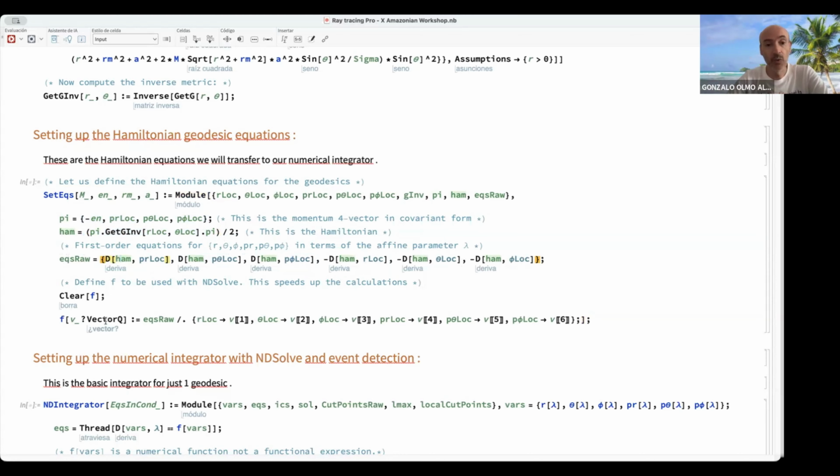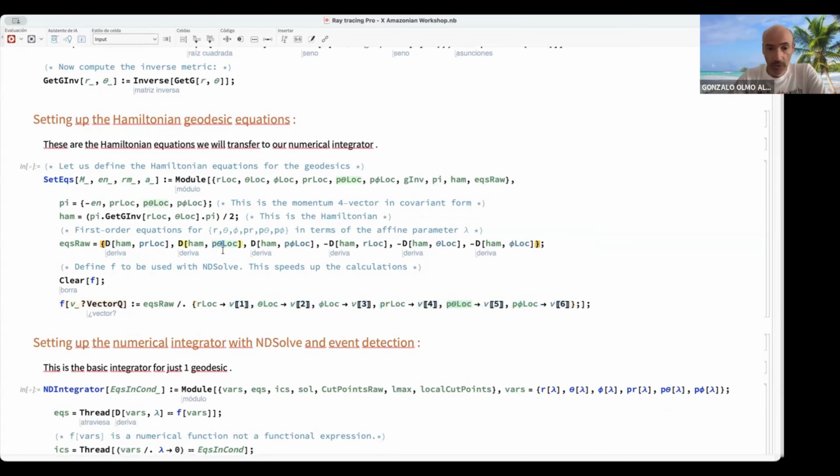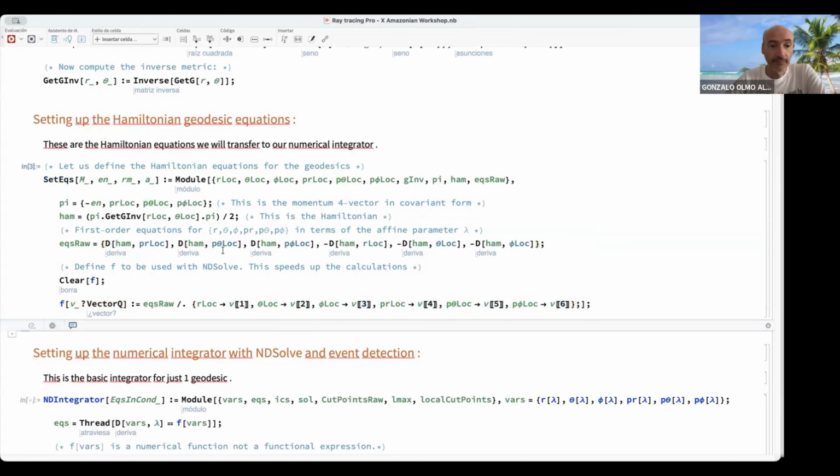We turn them into numerical expressions to speed up the numerical integration, to make the machine deal with numbers and not with functional expressions. It's a small modification of the previous code, but this is a way you can compare. Very good, so these are the equations.